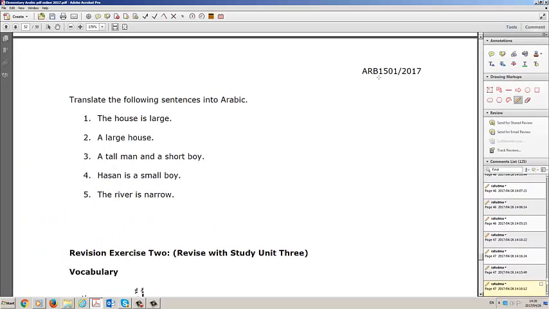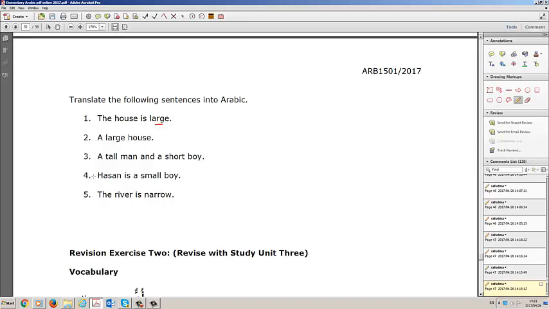So let's start with the basics. The house is large. Al-baytu kabirun. That is your normal nominal sentence. Now if you want to say a large house, you say baytun kabirun.